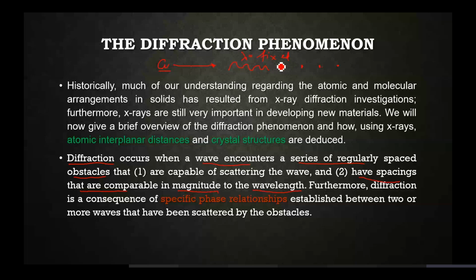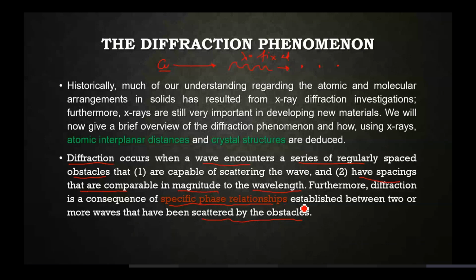Furthermore, diffraction is a consequence of a specific phase relationship between two or more waves that have been scattered by these obstacles. So what are the phase relationships that can take place in an X-ray diffraction experiment? One of the phenomena is constructive interference.